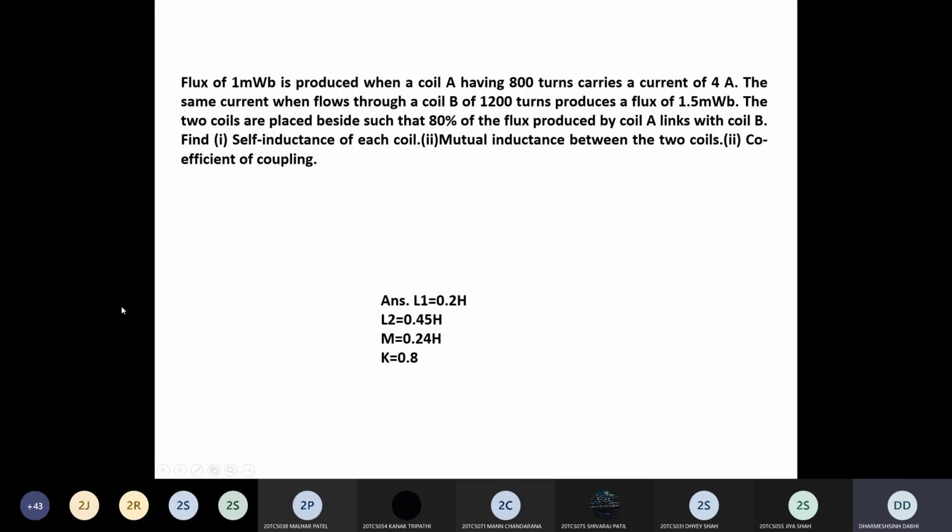So all of you get all these 4 answers. I have not calculated here, just write the answers of all these 4 parameters. Self-inductances L1 and L2 are 0.2 and 0.45 Henry, M is 0.24, and the coefficient of coupling K is equal to 0.8. All of you get the answer? Is there any doubt?